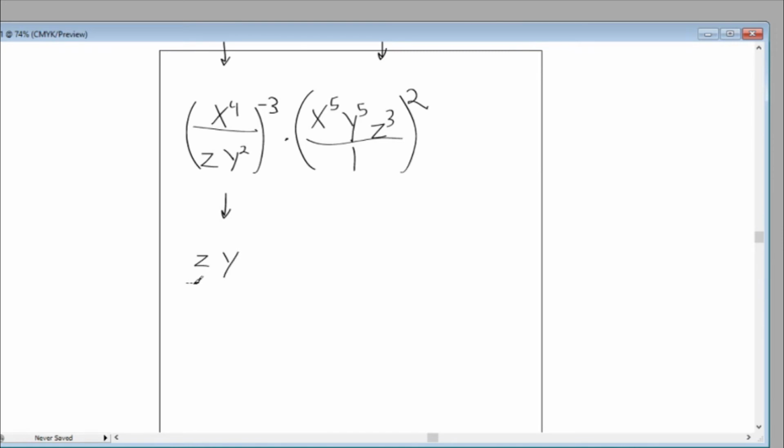Z and Y are going to come to the top. X is going to go to the bottom because we flipped this. And then we're going to raise everything to the 3rd. So Z was originally to the 1st. 1 times 3 is 3. So it's now Z to the 3rd. Y to the 2nd. 2 times 3 is going to give us Y to the 6th. X to the 4th. 4 times 3 is going to be X to the 12th.